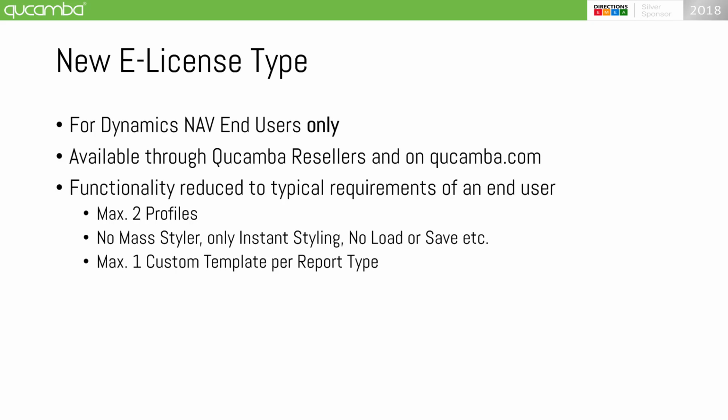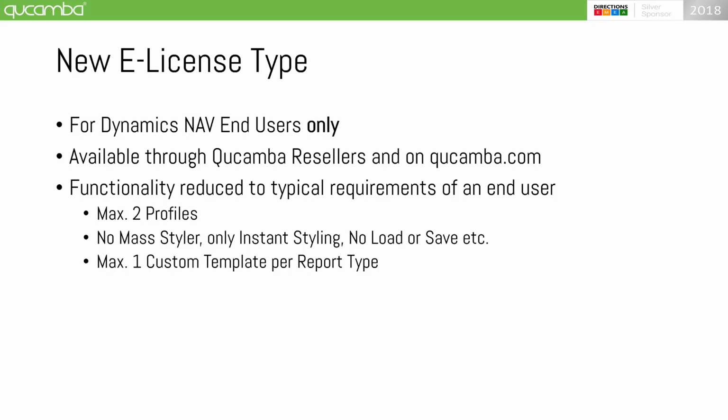This license type is limited to the needs of small end users, which means that it allows the user to have a maximum of 2 profiles, which should be sufficient for having 1 profile for the live installation and 1 profile for test environments. Also, the badge styling won't be available in this license type. Those styles can be used within this instance styler.